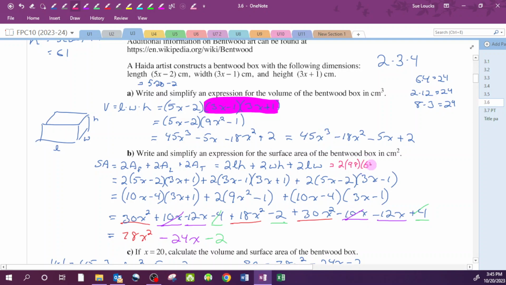Okay, times 61, and then I have 2 times the width, which is 59, times the height, which was 61, plus 2 times the length, which was 98, times the width, which is 59. And then I pull my calculator out, and I get 30718. Yahoo! That was the right answer.